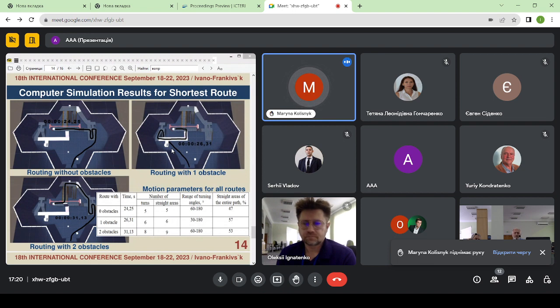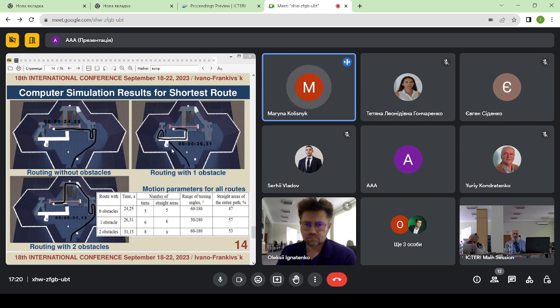I have a question about whether you researched different algorithms of finding the shortest route, such as the Dijkstra algorithm and others, Bellman-Ford, and which is more preferable, your method in comparison with famous methods?